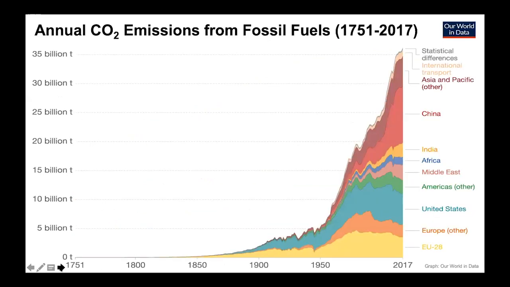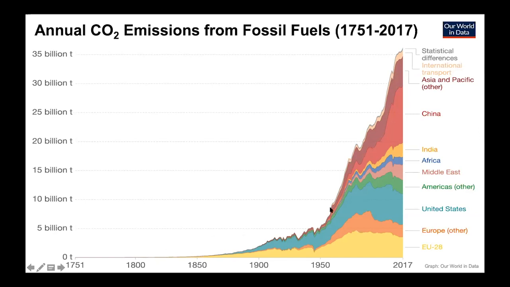Here are just the carbon dioxide emissions from fossil fuels, going back from 1751 through 2017. You will note the huge increase shortly after 1950, and that really coincides with a lot of our industrial growth and how we've increased our transportation.